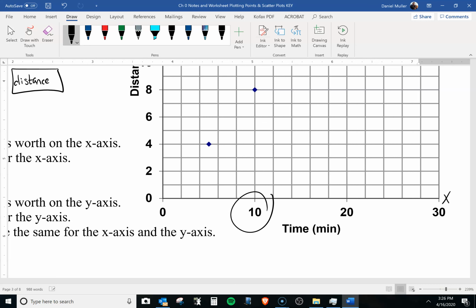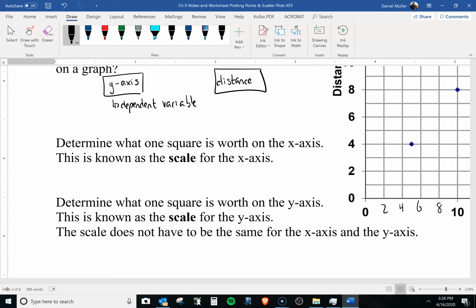Here's our label of 10. So 10 divided by 5 is 2. Does that work? Well, 2, 4, 6, 8, yeah, 10. Every square is worth 2. And that is our scale on the x-axis.